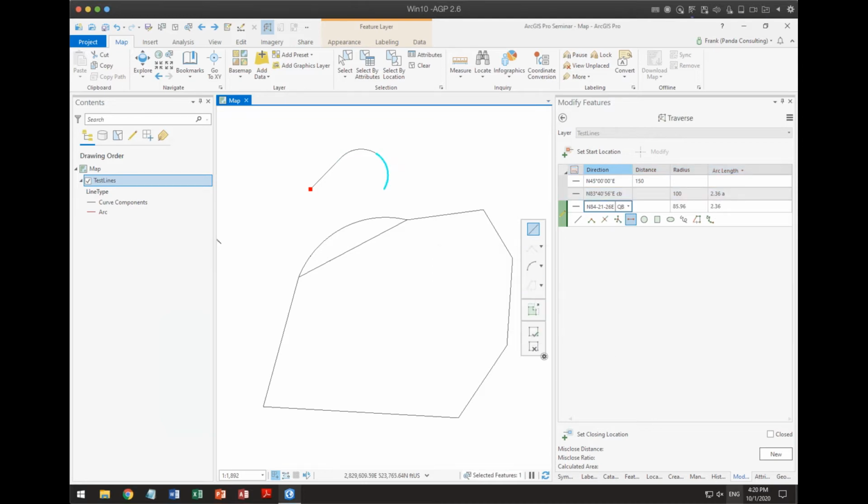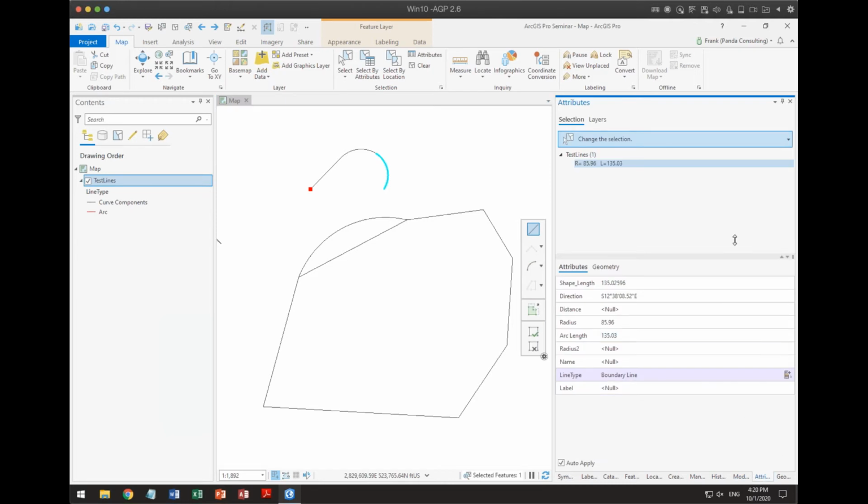The other disappointment that I have is that in here, if I note my attributes of my line features, there's no COGO, or there's no central angle. There's no delta angle stored on here anymore. In this case, there was input a bearing here, and there was an input a radius and an arc length.